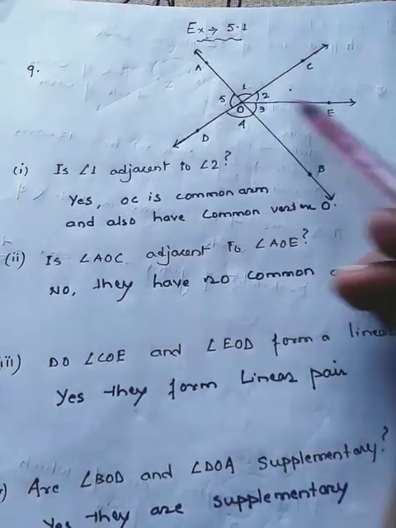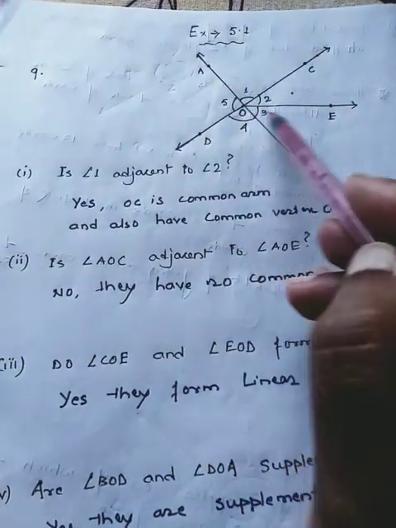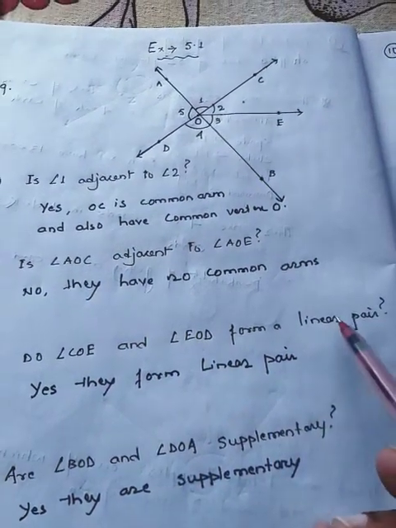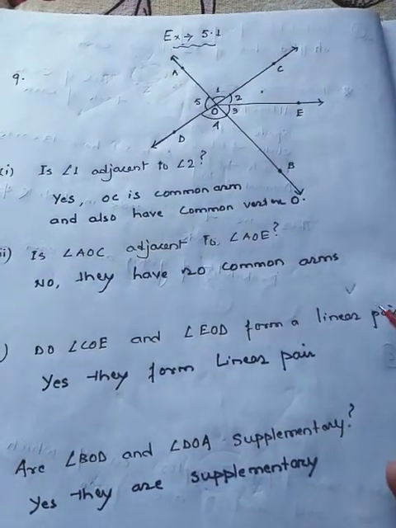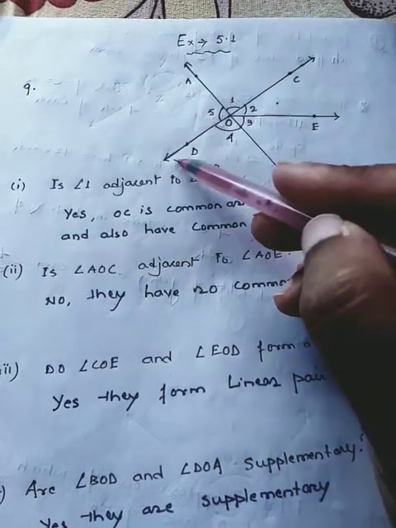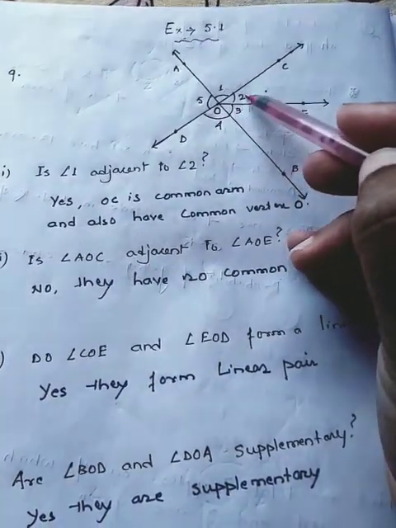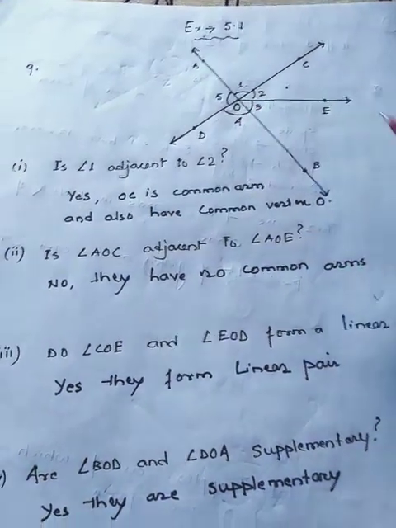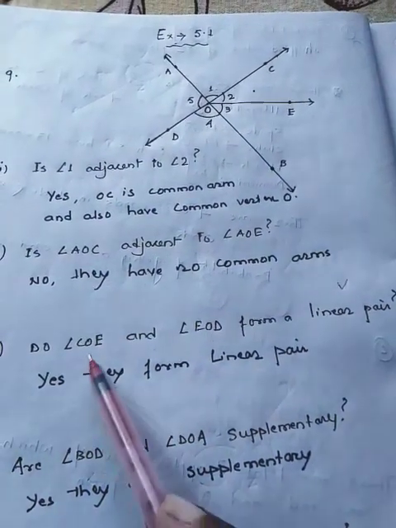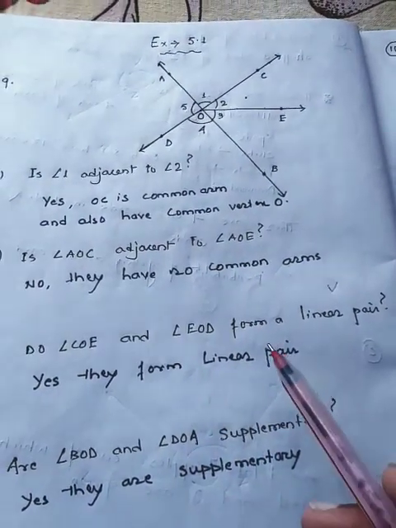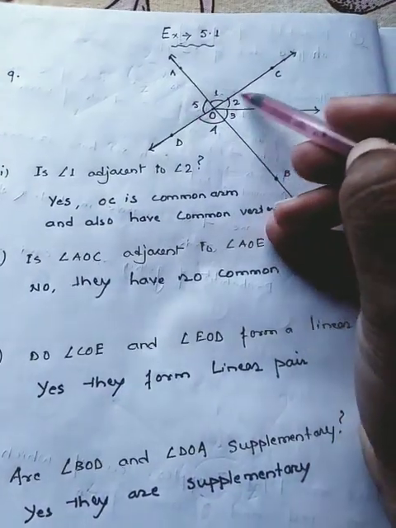This angle has this arm and this angle also has this arm. So yes, they are adjacent, and they are also linear because they are on the straight line. On the straight line they form two angles, and the sum of these two angles equals 180 degrees. So we can say yes, angle COE and angle EOD are a linear pair because they are on a straight line.